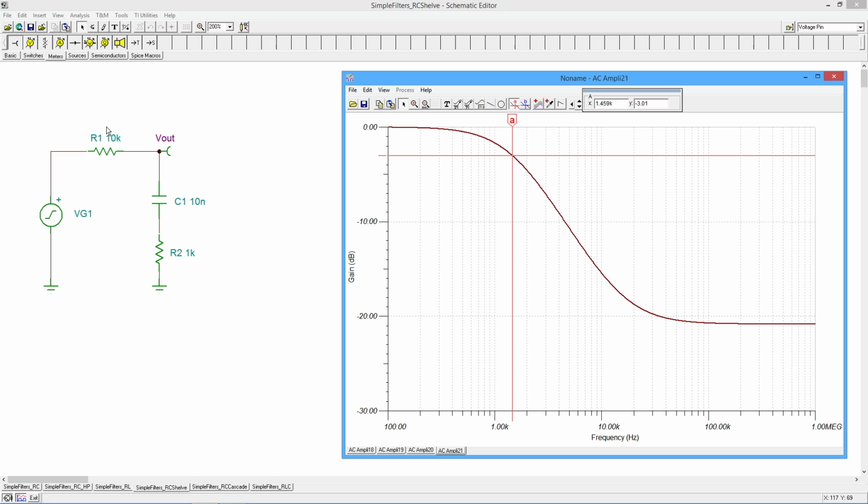So a simple solution to that, if you wanted to keep the 1.59K that you had originally, you can just drop these resistors a little bit. Turn this into a 9.1K, turn this into a 910 ohm. Those are your nearest standard values. And you'd have about 10K total. You'd end up with that same critical frequency that we had before, and you'd get the same kind of shape.